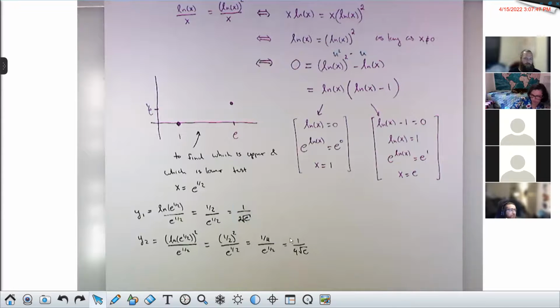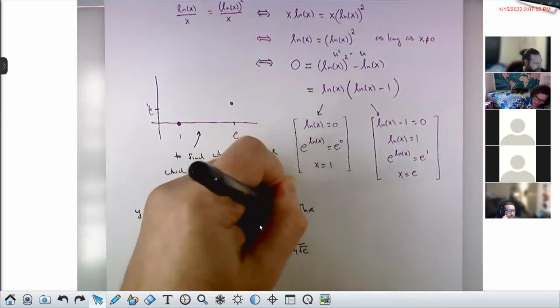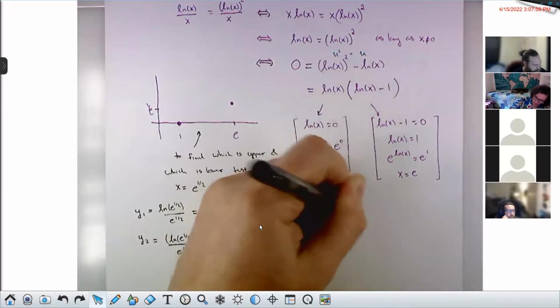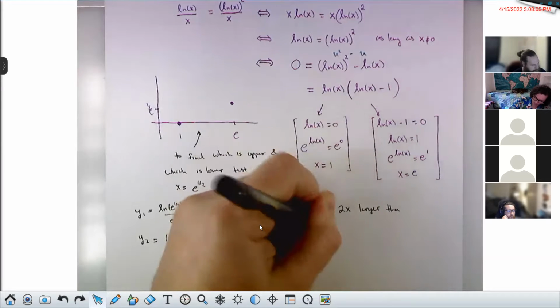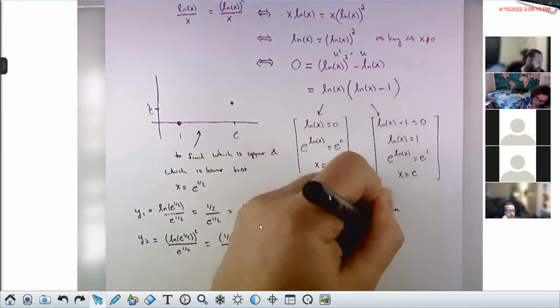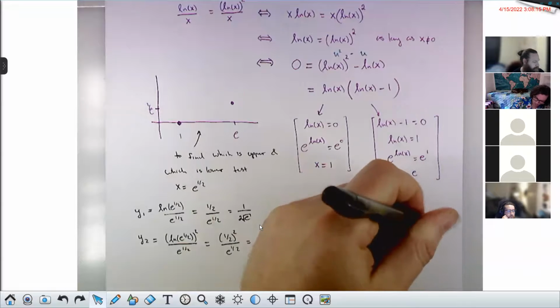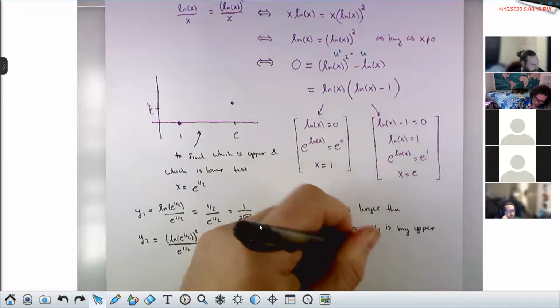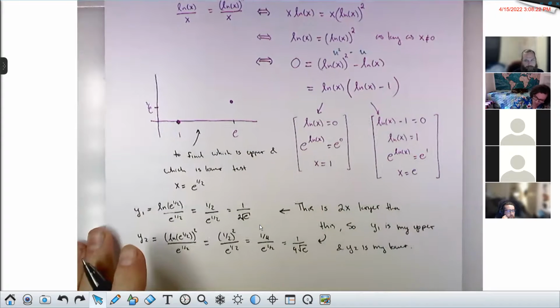This is 2 times larger than this. So y1 is my upper, and y2 is my lower.